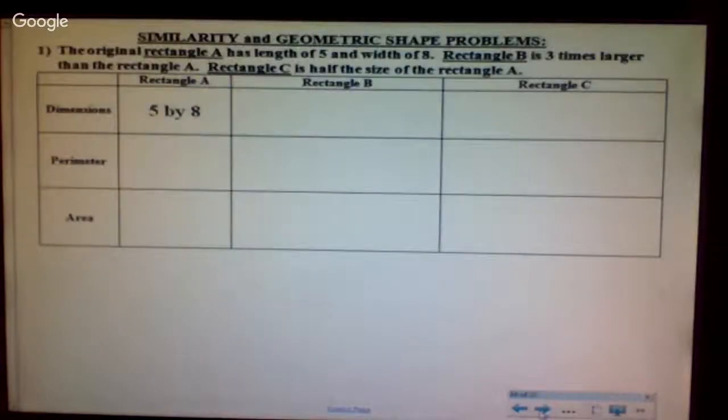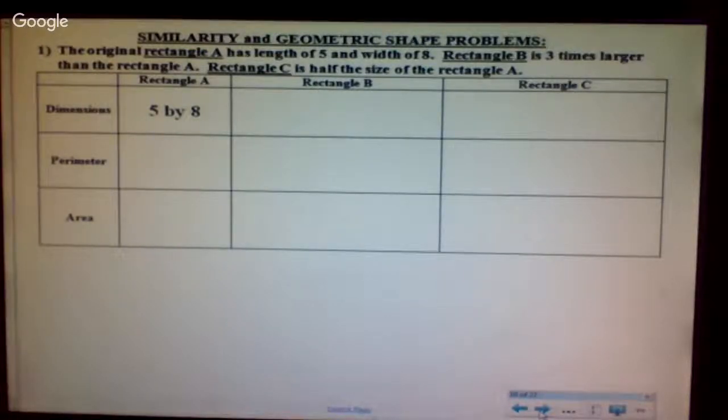You didn't miss it. Okay, so rectangle A. We're going to do everything by rectangle A. If rectangle A is a 5 by 8 rectangle, what is the perimeter? 26. How did you get 26? You multiply 2 by 5 and 2 by 8 and then add them together.